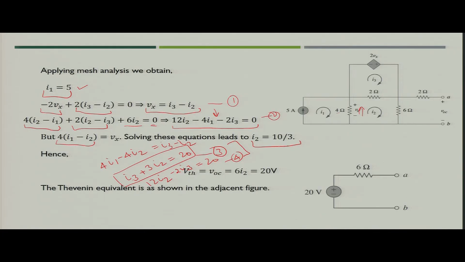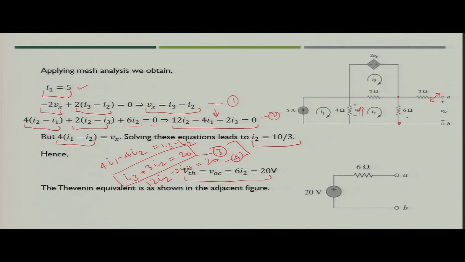Now you have got the value of I2. What you will get? VTH. So if you see this circuit, VOC is applied across terminal A and B. Since no current is flowing in this particular 2 ohm resistance, this VOC would be applied across the 6 ohm resistance.